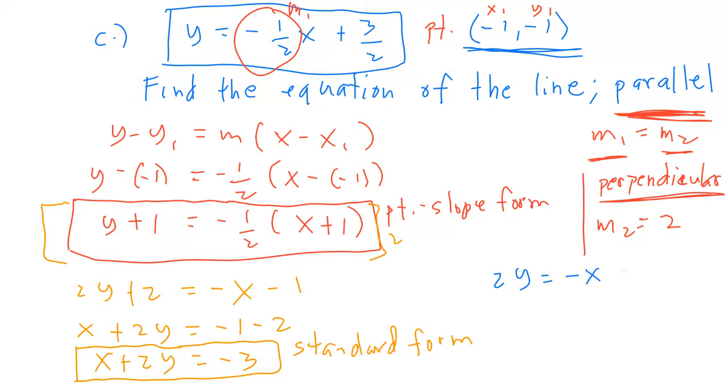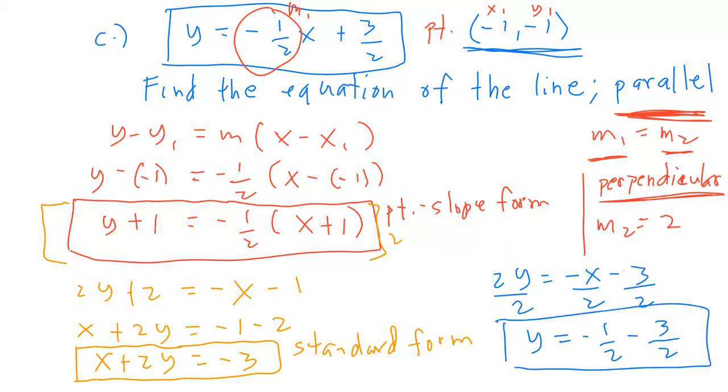Because they are on the same side. And then I divide 2 onto all of them. So y is equal to negative 1/2 x minus 3 over 2. It's my equation for the slope-intercept form.